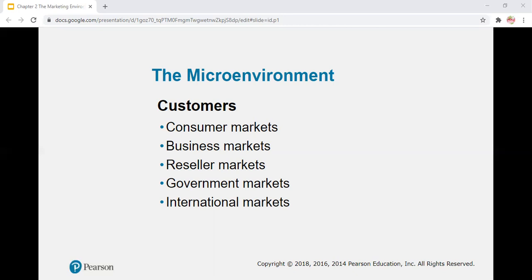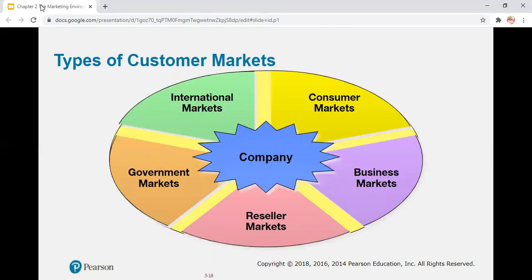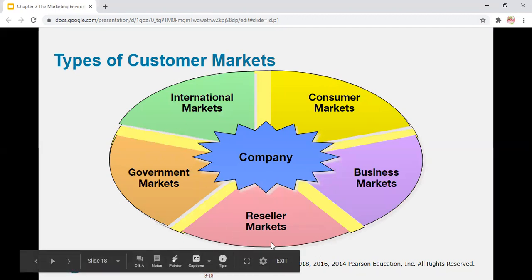So you have to know and understand your customers and the type of your customer to build an effective marketing strategy. This is a figure for the types of customer markets. We have the international markets, government, reseller, business markets, and consumer markets.